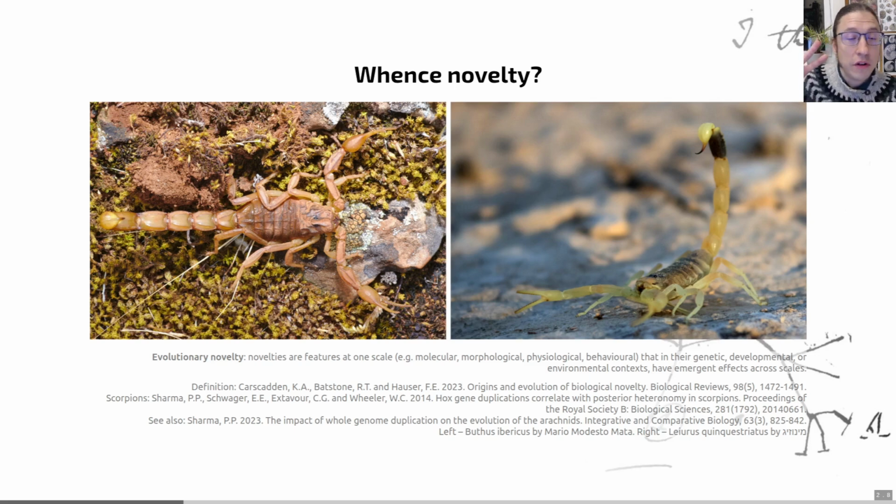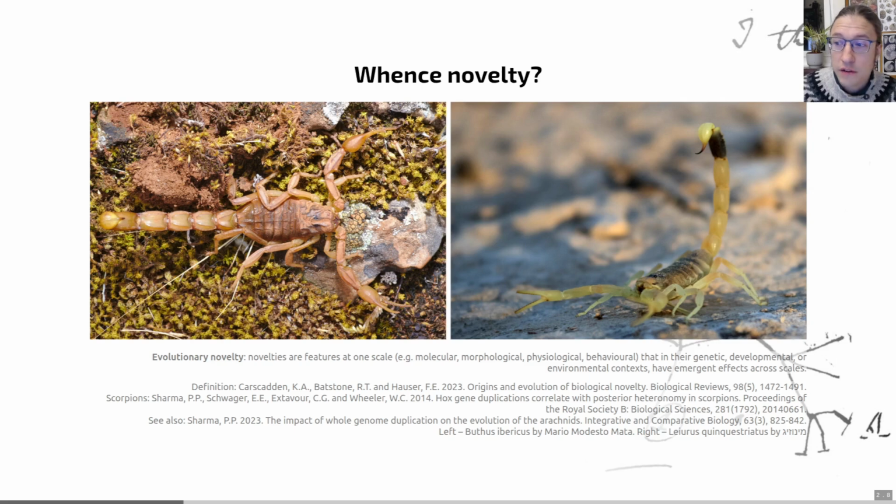Scorpions have 2 copies of a number of important developmental genes, and that duplication allows the genes to evolve slightly different functions, facilitating a host of new morphologies and thus functions within the scorpions, thus providing the novelty within that group. So that's a really, really cool finding.